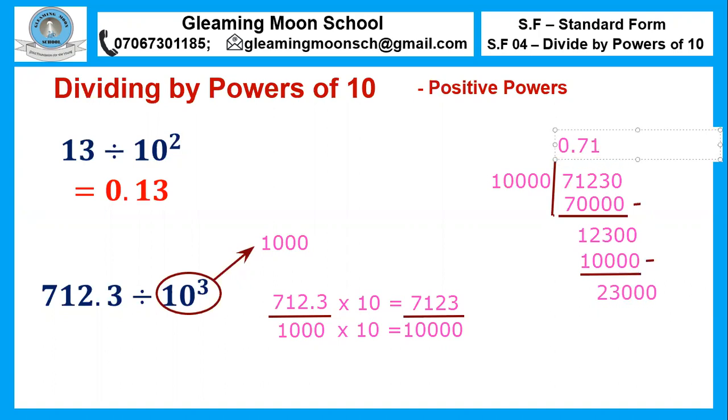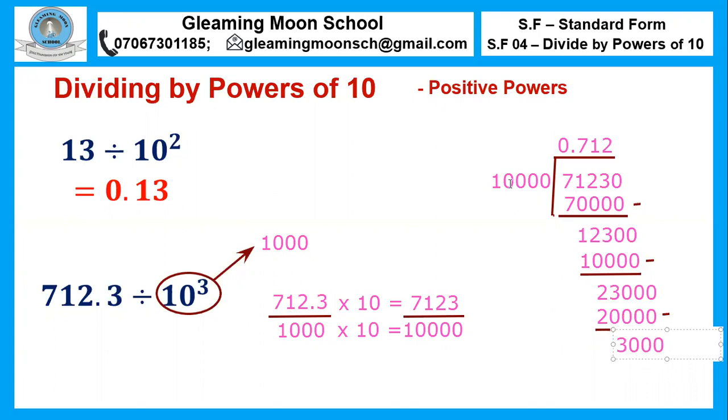There are 2 10,000s in 23,000. So you write 2 there, and 2 times 10,000 is going to give you 20,000. Okay, so you also draw your line and subtract. 23,000 minus 20,000 is definitely going to give you 3,000.